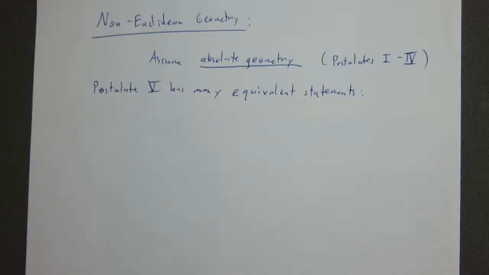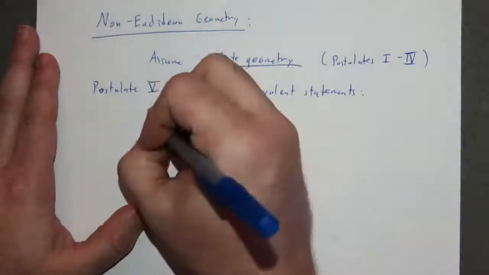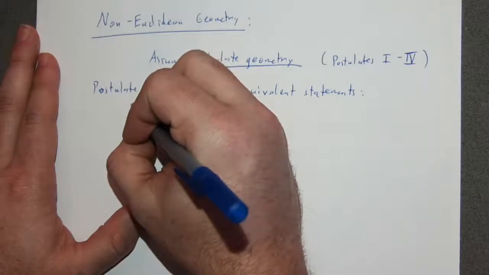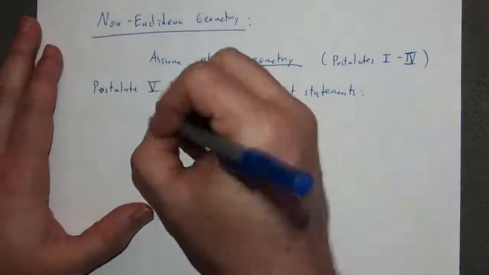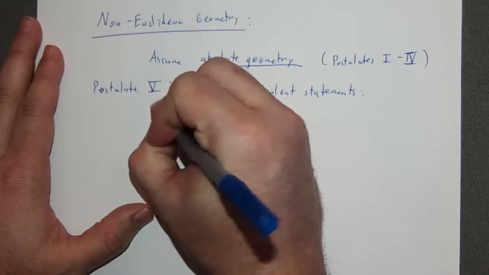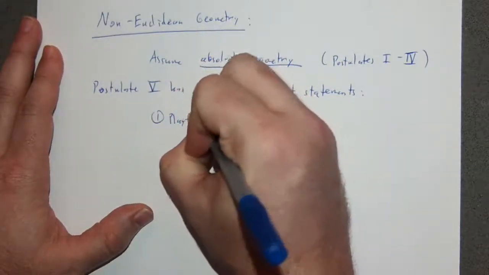Okay, and so there are many equivalent statements. I've already mentioned one. So there's Playfair's axiom. So postulate 5, you know, in its long form. The equivalent statements are, so here's one. This is Playfair's axiom, which is actually due to Proclus, apparently.